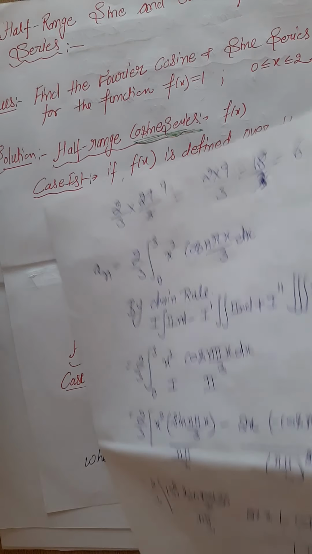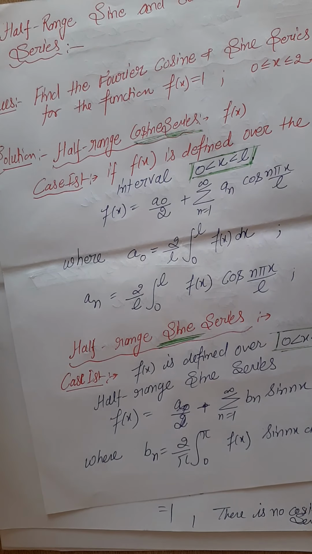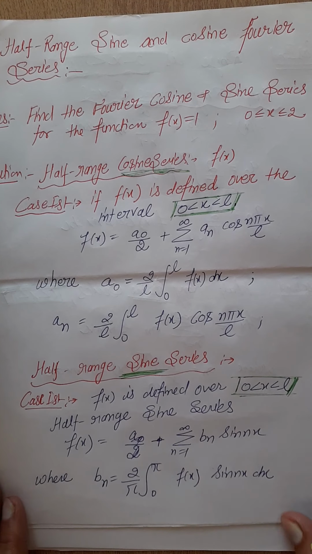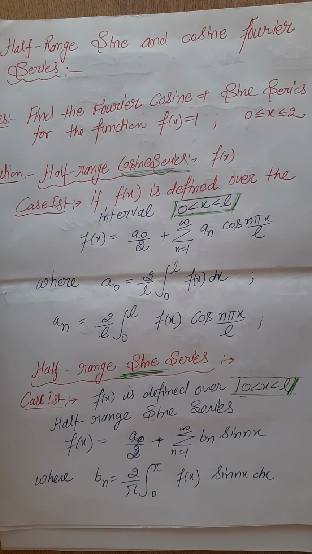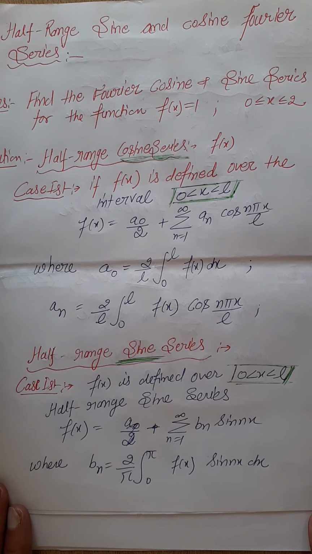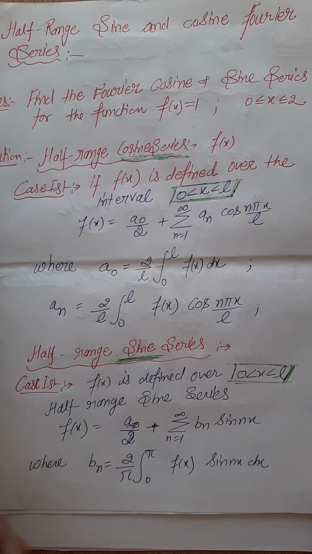Now we move on to the third part of the Fourier series, that is half range cosine and sine series. Before taking an example, I want to clear the definition of half range cosine and sine series. So students, we can take two types of interval.